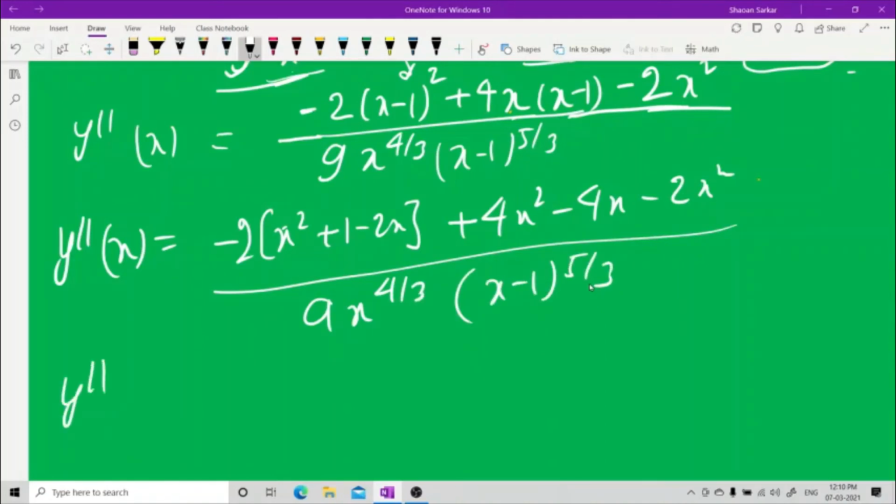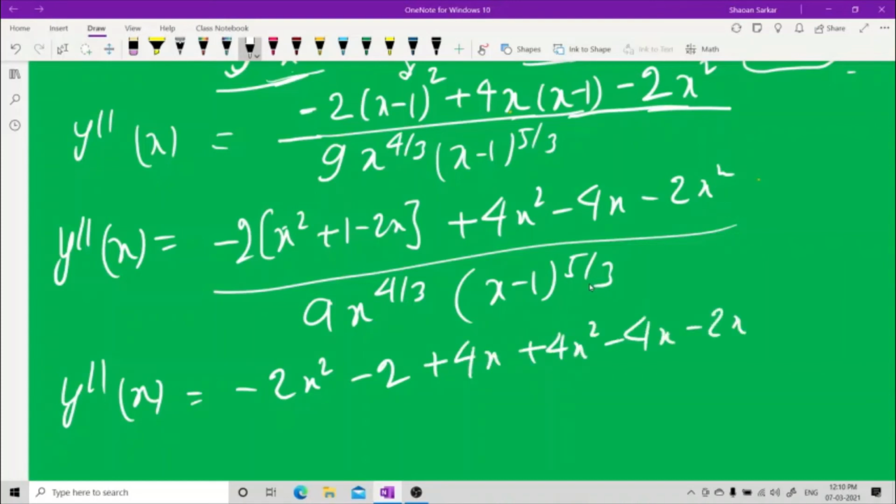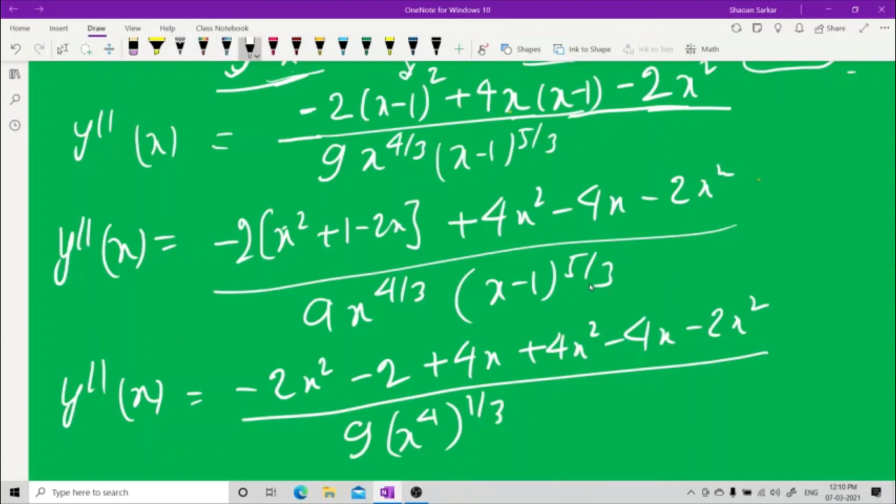Now y double dash x is equal to minus 2x square minus 2 plus 4x square minus 4x minus 2x square upon 9 x to the power of 4 by 3, x minus 1 to the power of 5 by 3.